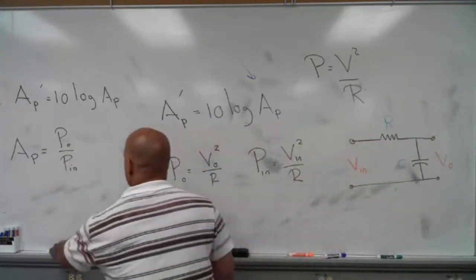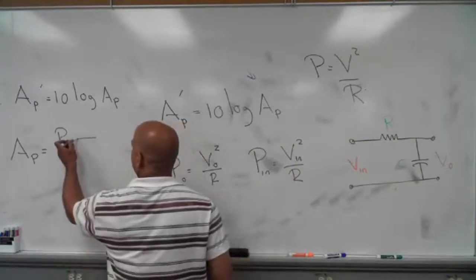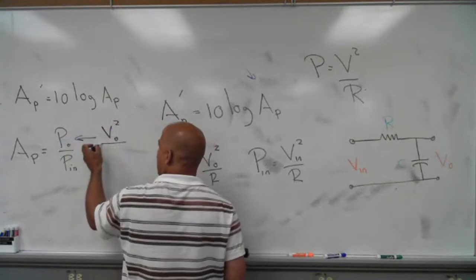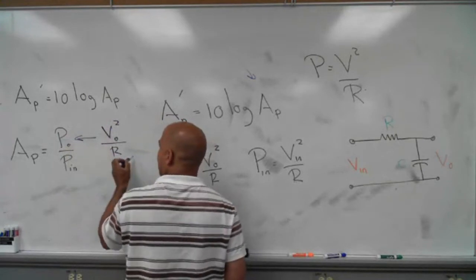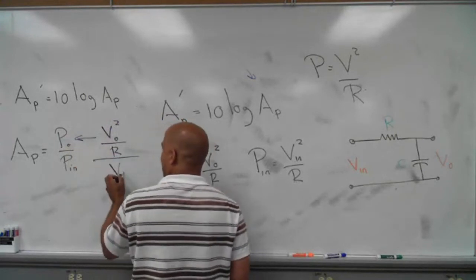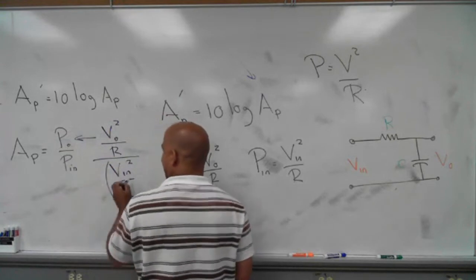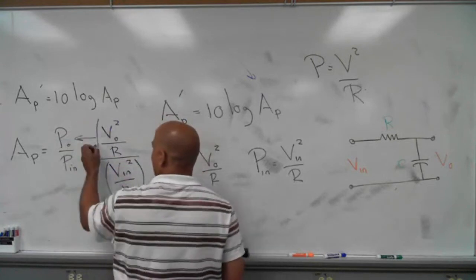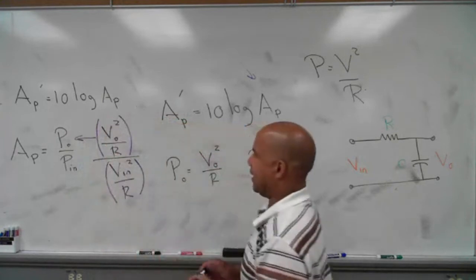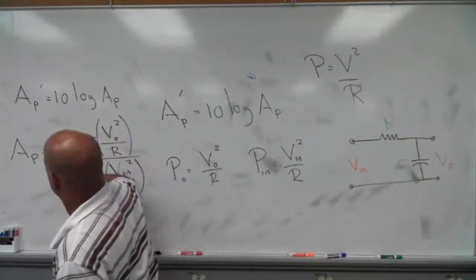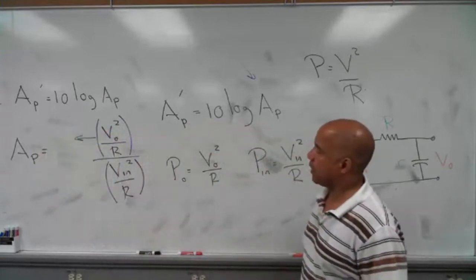I get V out squared over R divided by V in squared over R, this fraction divided by this fraction. And that'll be my new power gain.